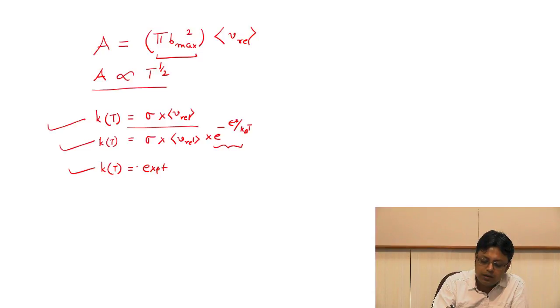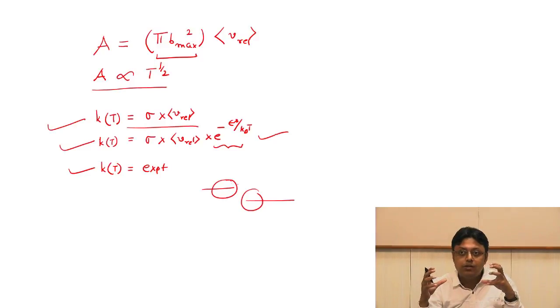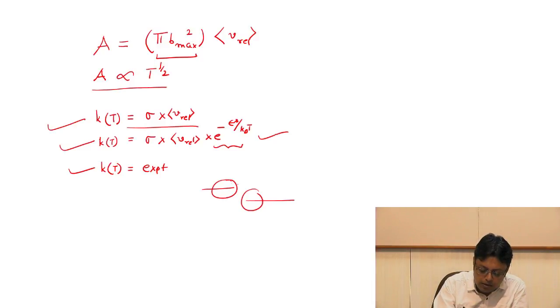The reason is that there is also an orientational factor that we did not discuss. What do I mean by that? Suppose a collision is happening with some particular energy, and we know from this expression that this will be a reactive collision. However, these molecules are not hard spheres. They also have a particular structure, and particular atoms should come closer together. Suppose I have some group here and some group here.